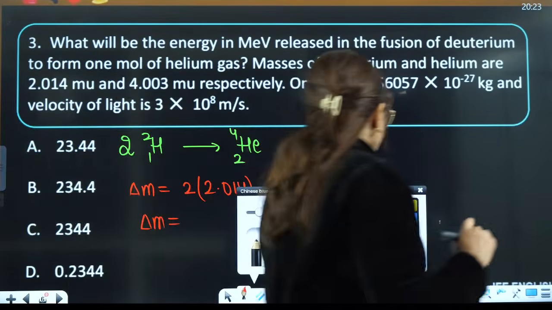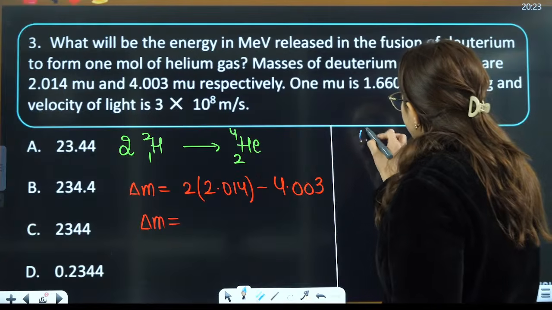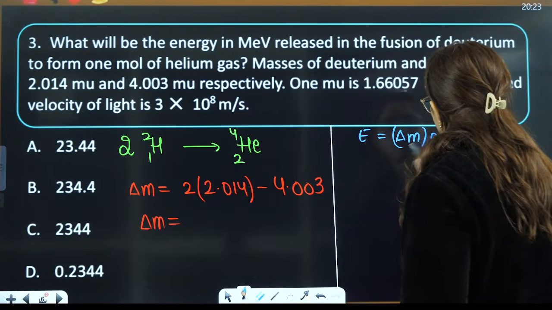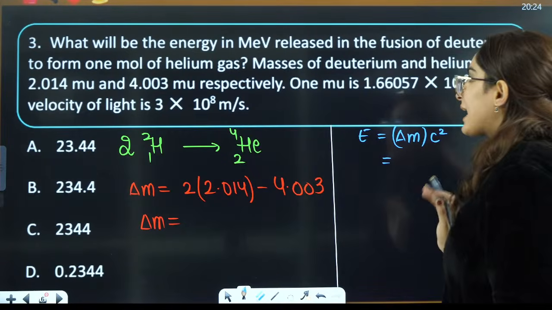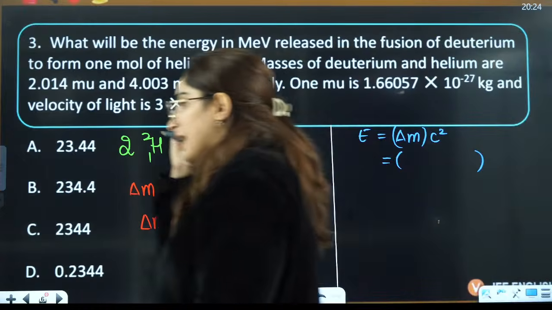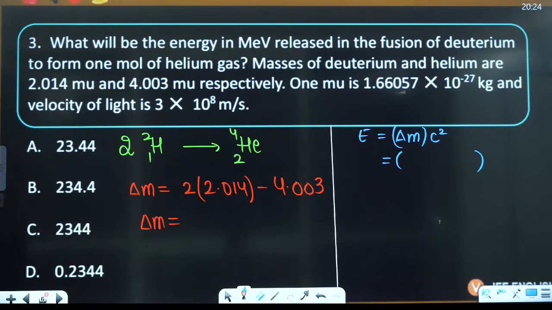Now we know that E is equal to mc squared. Delta M you have here, c squared you will put here. Let's see what is the value of delta M. Yes, we'll do that as well, don't worry. Just give me a second, let me do the calculations here.